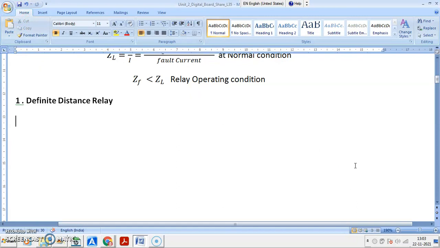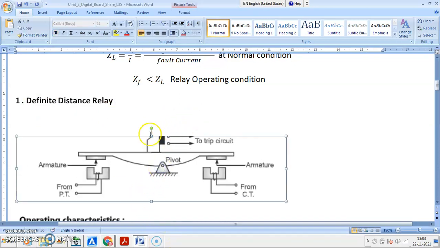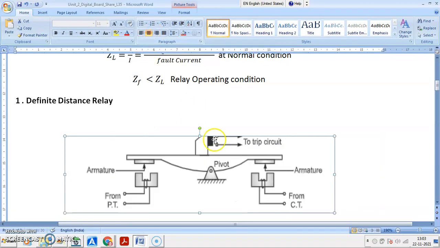So this relay, particularly definite distance relay, that is definite impedance relay. You can see the diagram. Are you able to see this diagram?